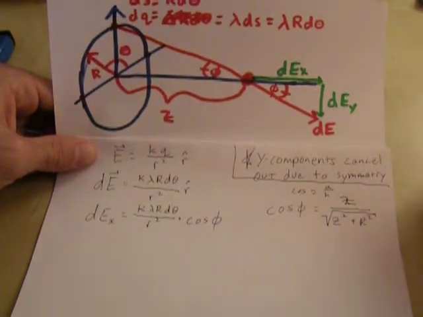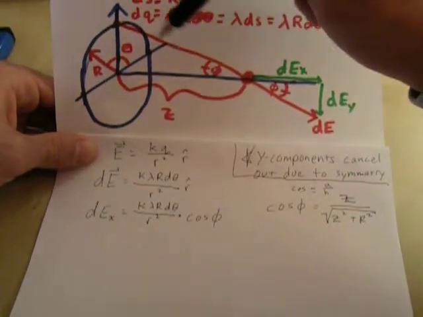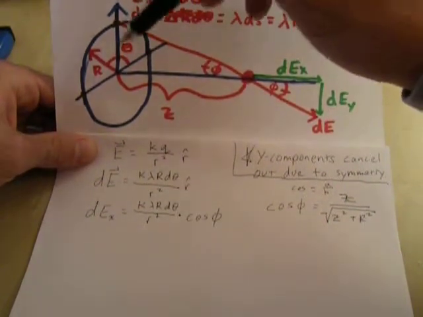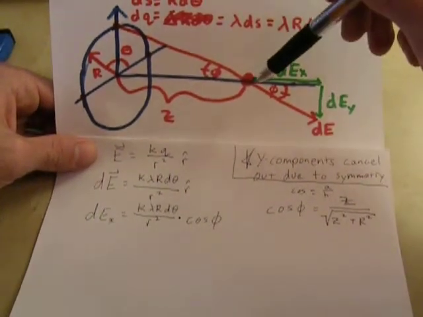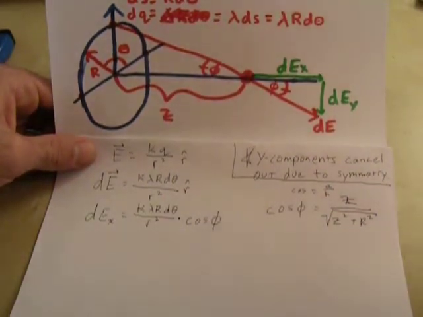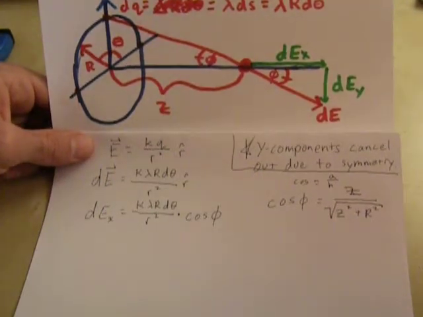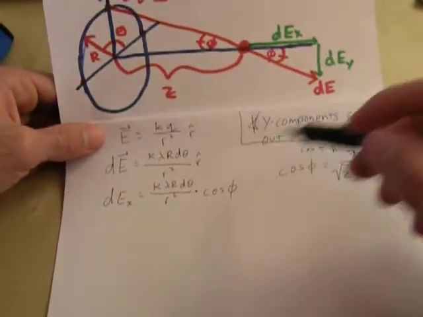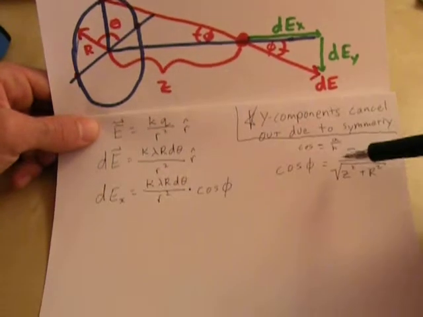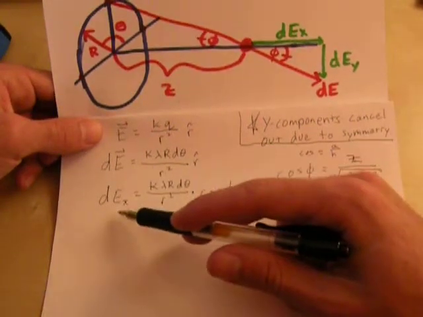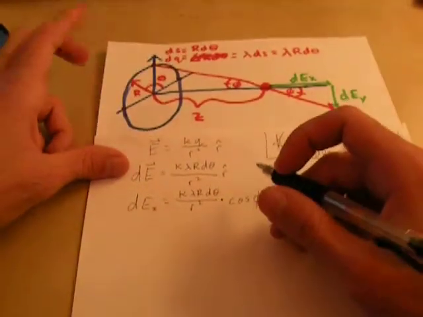Because of similar triangles, you can simply use the cosine values of this triangle right here in place of the cosine values of this triangle here, because of the ratios given by the similar triangles. You can simply plug in this cosine phi value, and it'll give you your dEx component, your x component. So let's continue on.